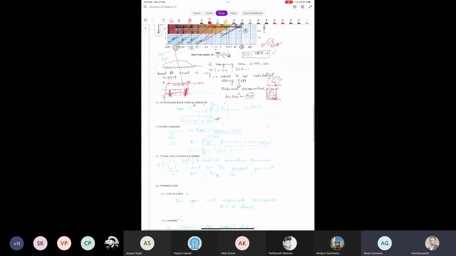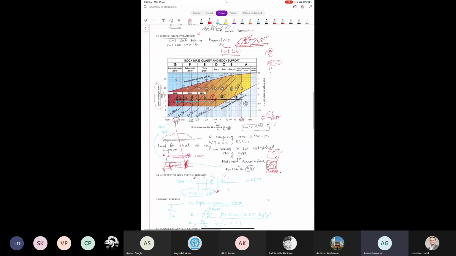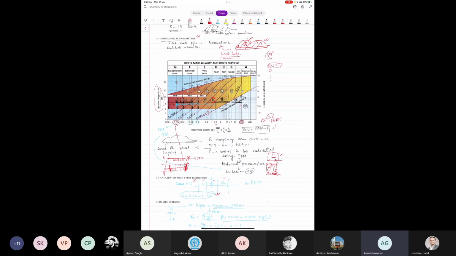But sir, can you once again tell me, we have divided the whole thing into different parts of the Q values. Then what are we supposed to do? So where the support system actually changes. See in this figure here. Can you see this figure? Yes, sir.